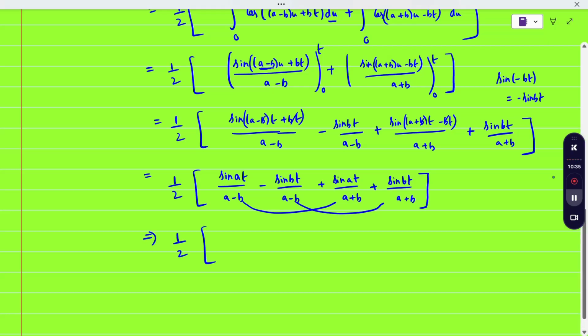We will do that. So a squared minus b squared is the LCM for the first two terms.